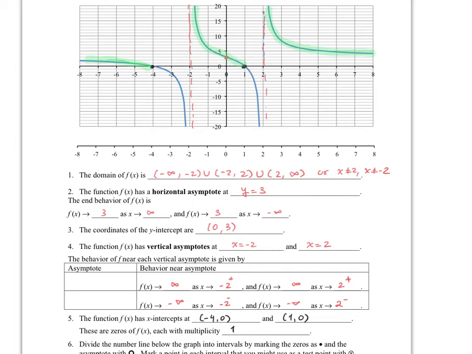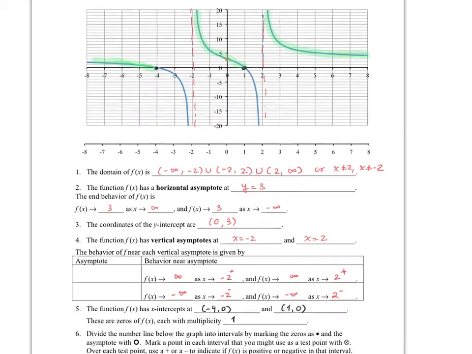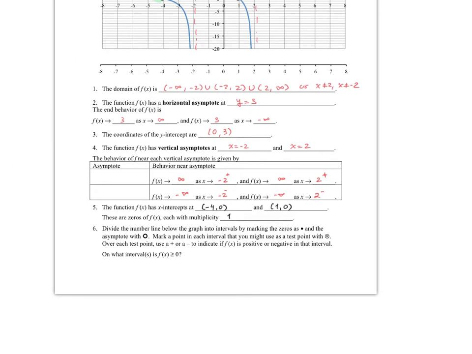So therefore, if you write it in interval notation, this will be positive from minus infinity to negative 4, including the 4, because it has equals to 0, or from -2 to 1, or 2 to infinity.